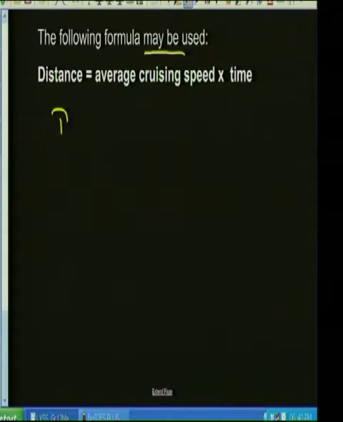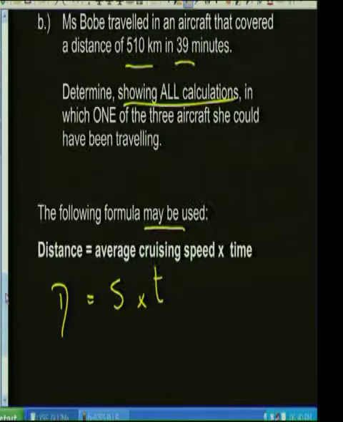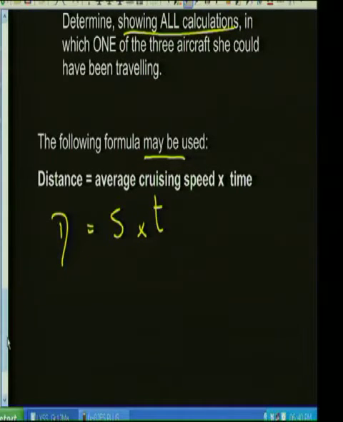Okay, so what's our formula? Our formula is distance is equal to my cruising speed multiplied by my time. And we are trying to find out what is the speed that this aircraft traveled in. Right? So, how far did she travel? She traveled 510 kilometers.